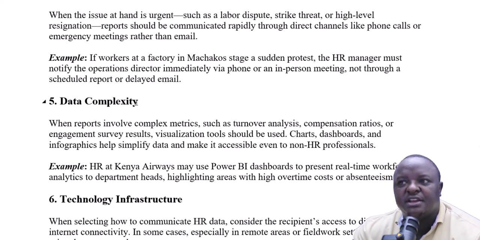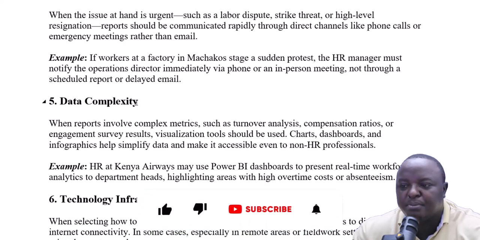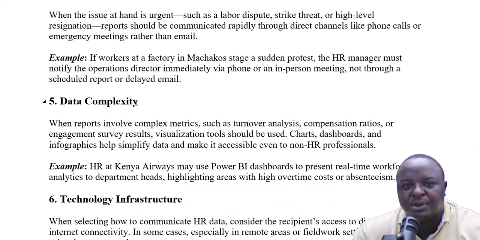Because if somebody sent an email on a Friday and this person is required to attend an emergency meeting on Saturday, this person might not check the email over the weekend. So the meeting is going to bypass him. The best way to communicate such information is probably a phone call, to ensure that the person gets the information directly.